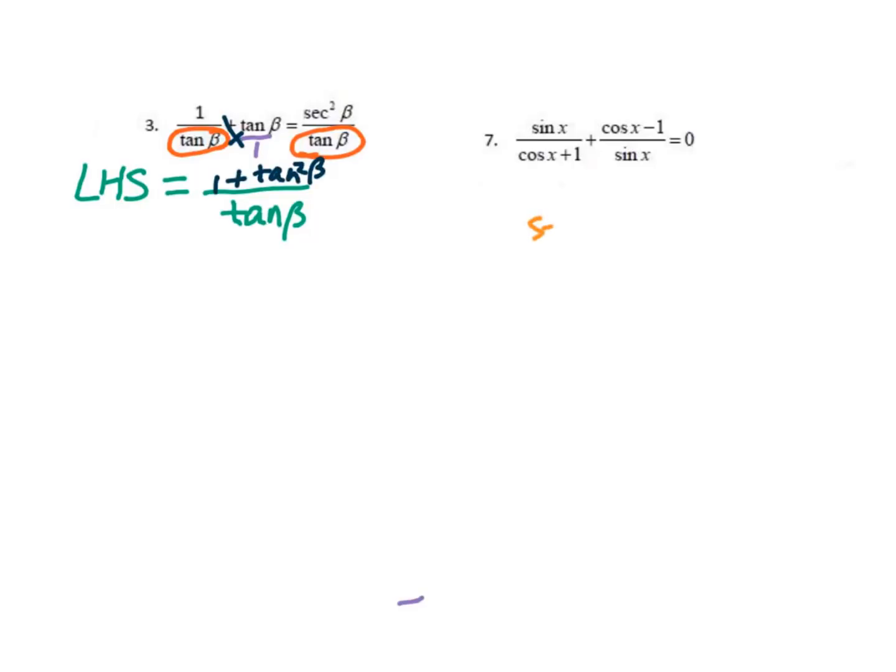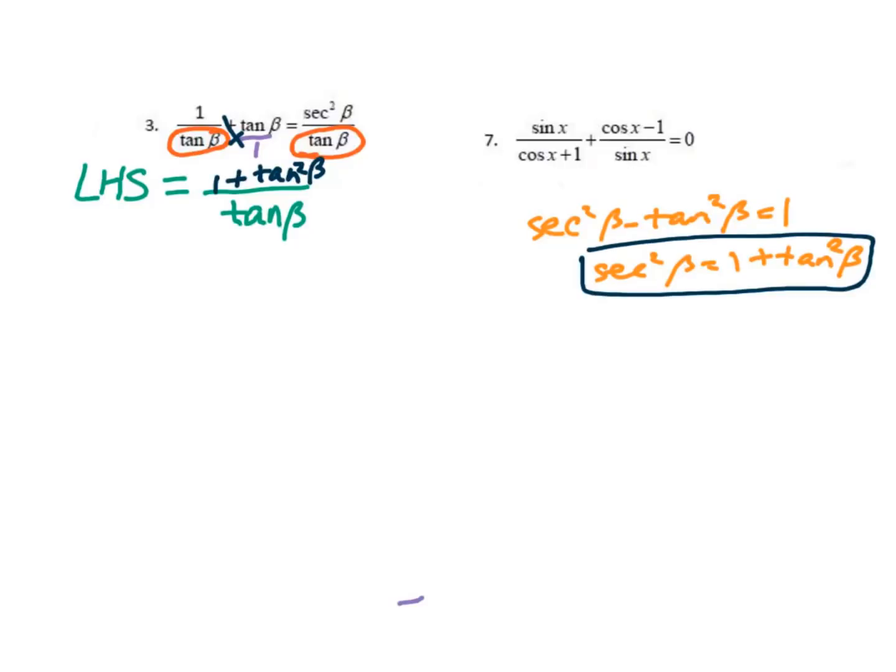If you know secant squared beta minus tangent squared beta equals 1, then secant squared beta equals 1 plus tangent squared beta. If you know this formula, then you can just directly get secant squared beta over tangent beta.